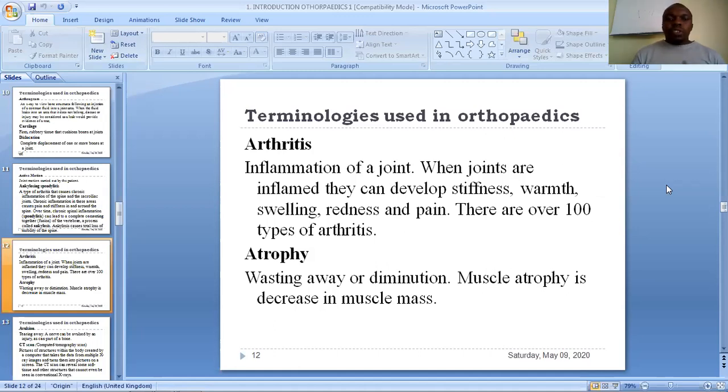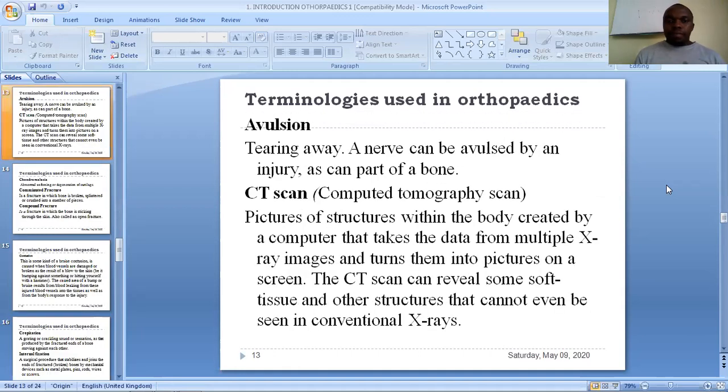The other terminology to look at is atrophy. The term atrophy simply means wasting away or diminishing. It could be a muscle wasting or decreasing in muscle mass. So that is atrophy. The other terminology to look at is avulsion.